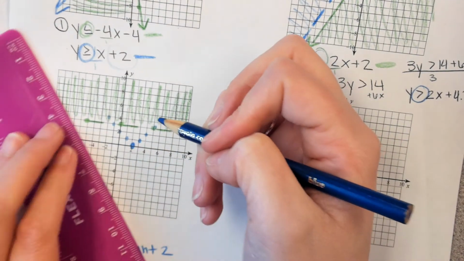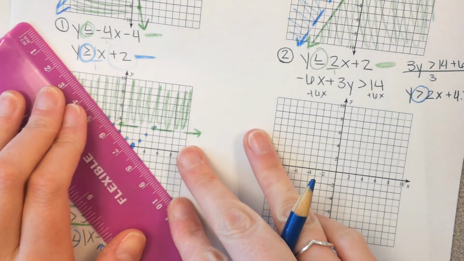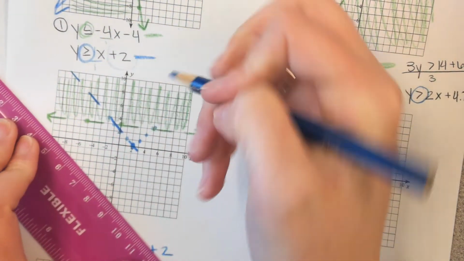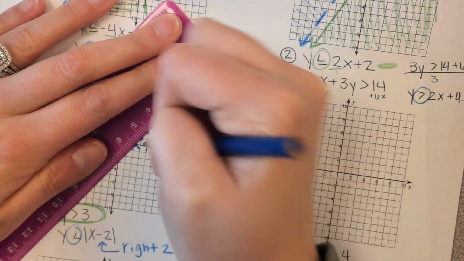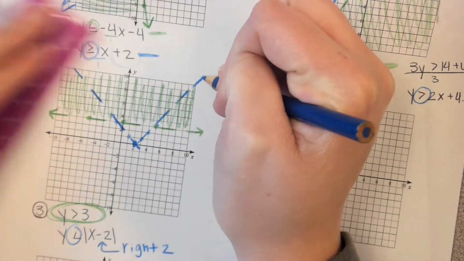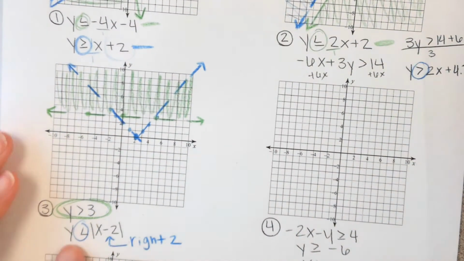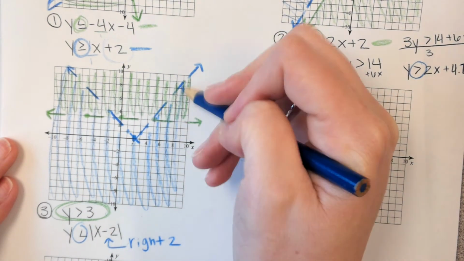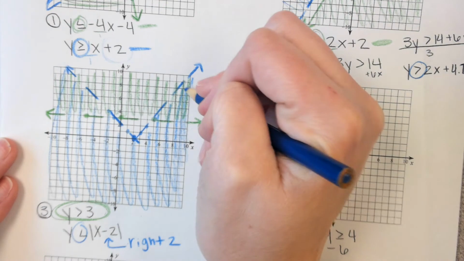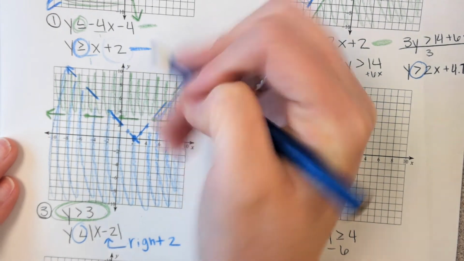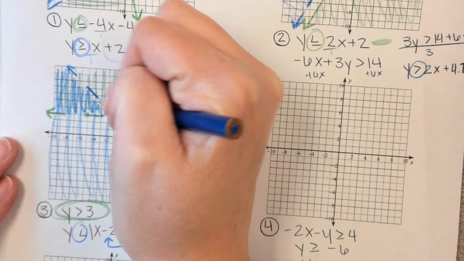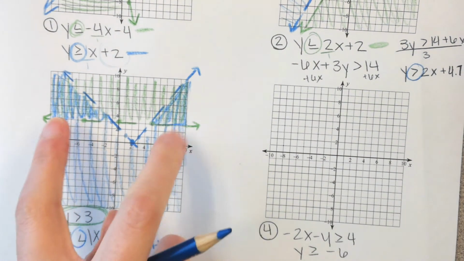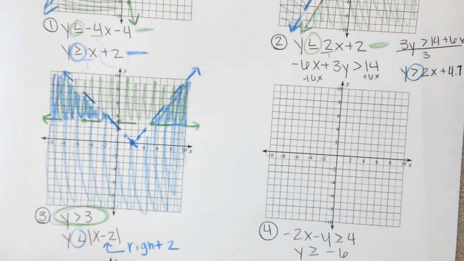It's less than, so it is going to be dotted or dashed. And we're shading below. So everywhere below that absolute value. And so you see here we have 2 shaded regions where the colors are overlapping. So your solutions would be found in these areas.